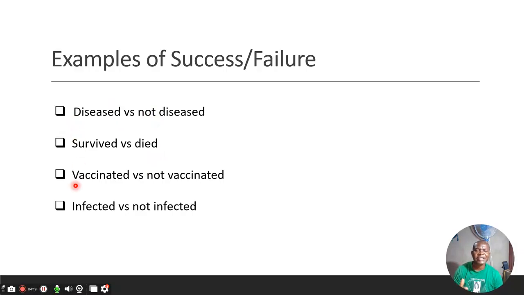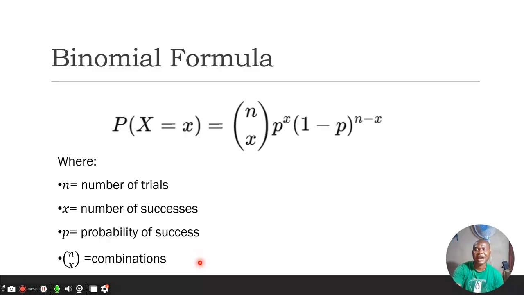So the researcher in a binomial distribution usually indicates the desired outcome. So we can also have vaccinated, not vaccinated, infected, not infected. Usually in a binomial experiment, the probability of success will be indicated, and that success will be defined. It could be defined as a disease, it could be defined as survived, it could also be defined as the infected. So that infected becomes our desired outcome.